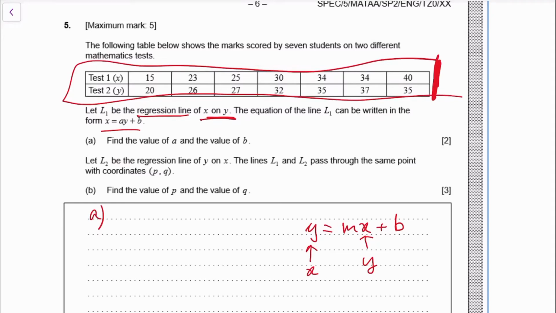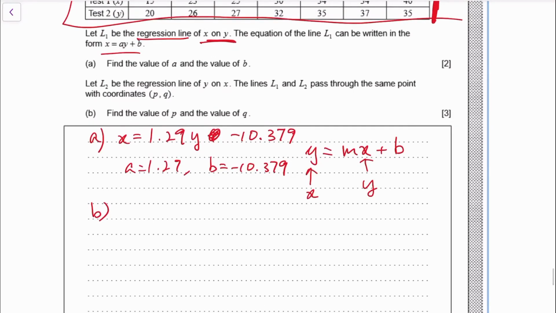You should get the equation x equals 1.29y minus 10.379. So a is 1.29, b is negative 10.379. Okay.